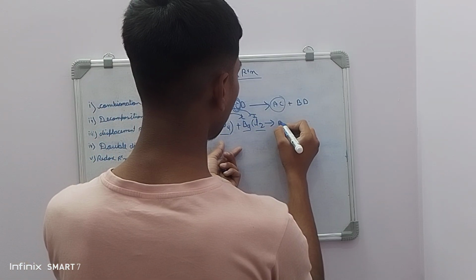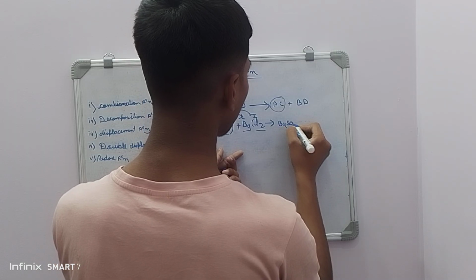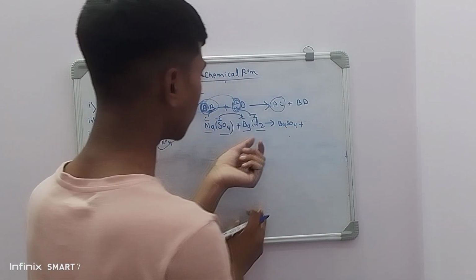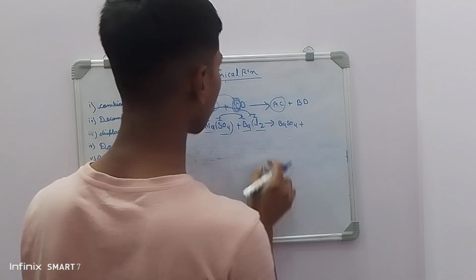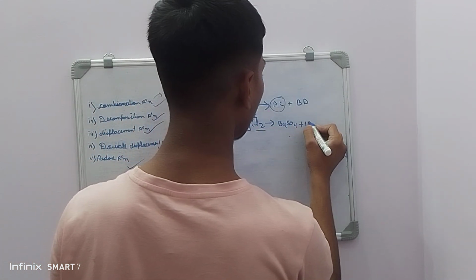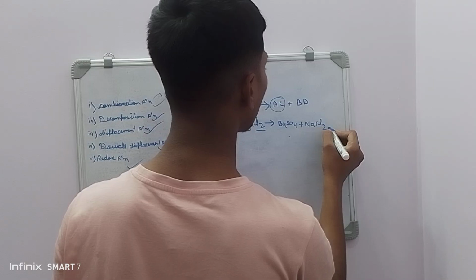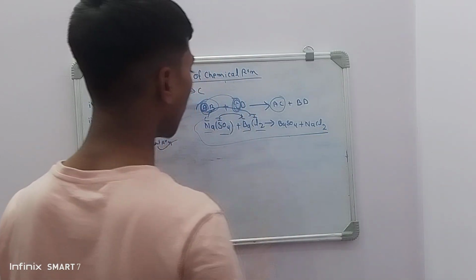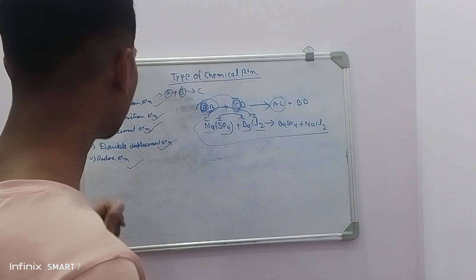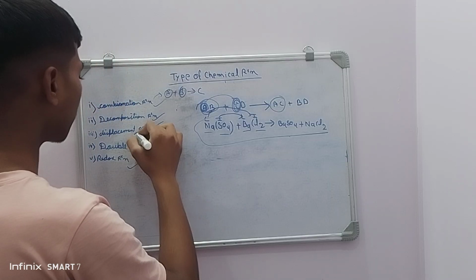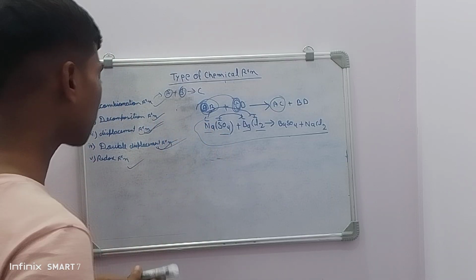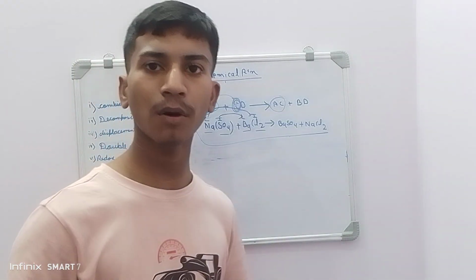So we will get BaSO4 here, and here NaCl. This will be our answer, as it is an example of a double displacement reaction. I think you understand this reaction.